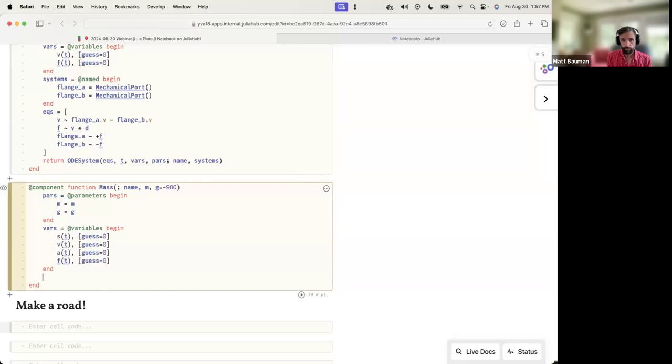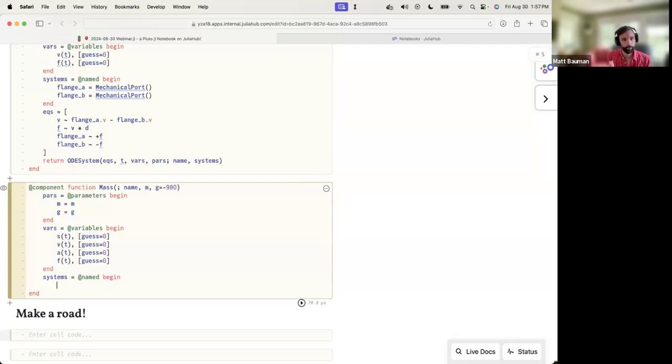Systems are going to be our named systems. And again, we have a mechanical port here that propagates something that's connected to the mass to the mass itself. And we only have one of these, right? So it's just one flange that the mass is sitting on is going to be our mechanical port, like we had defined before.